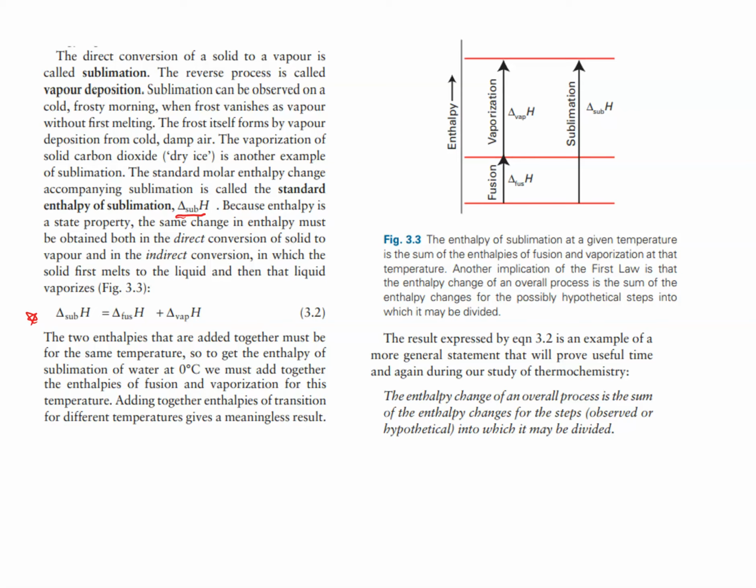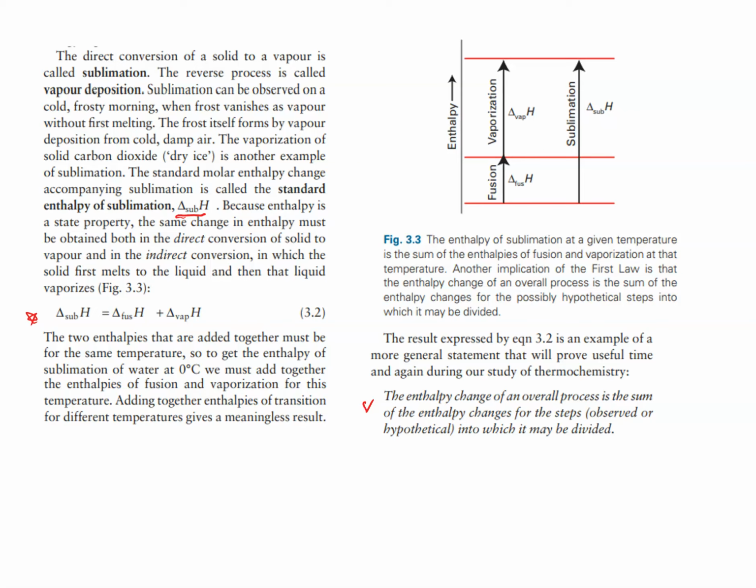So the result expressed by equation 3.2 is an example of a more general statement that will prove very useful time and again during our study of thermochemistry. As follows: the enthalpy change of an overall process is the sum of the enthalpy changes for the steps, observed or hypothetical, into which they may be divided. Of course, at the same temperature.